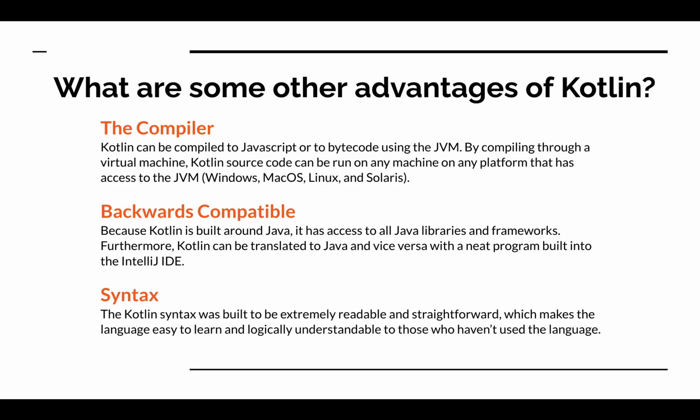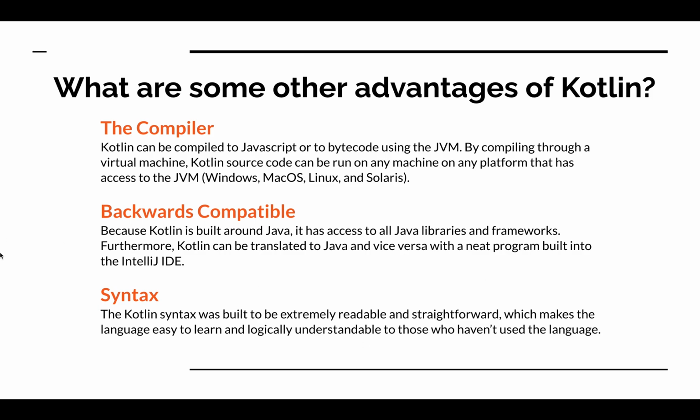It's really unique in the fact that when it's compiled, it's not running directly on your CPU, but it's running in that virtual machine. And so that means your Kotlin code can be shared and able to be run on any platform, if you wanted to email it to someone or if they wanted to download it off the internet.